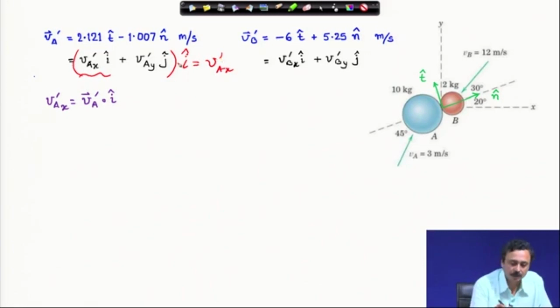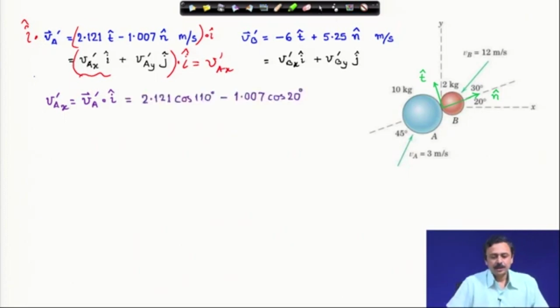So, I have taken a dot product with I cap, then I filter out V A x prime. I do this dot product on the other side also, then what do I get? So, it is V A prime dot I cap.